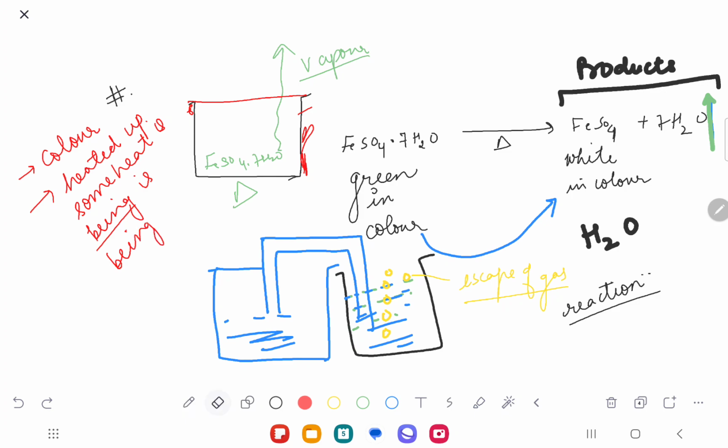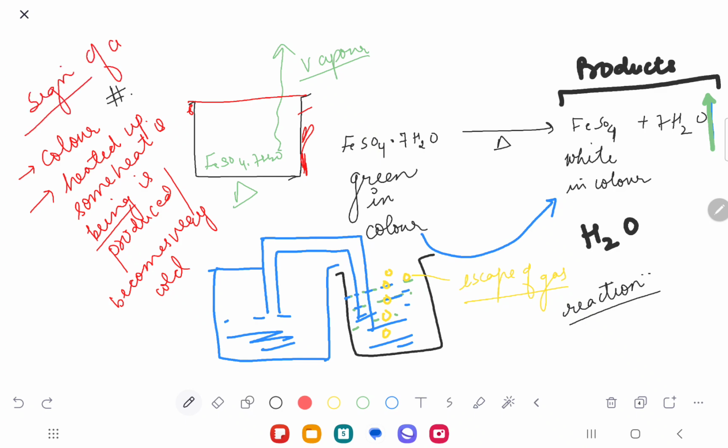That means what? These are the signs that a reaction has taken place. You understand? RXN is a shortcut for reaction.